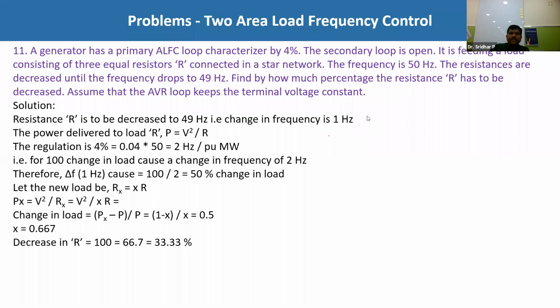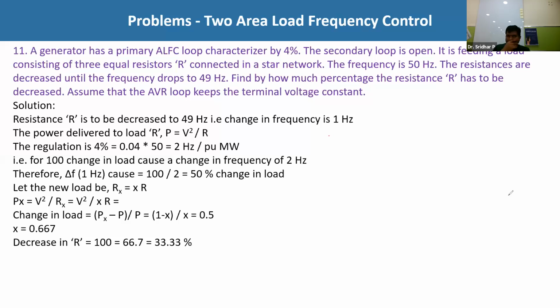So this is one more problem. A generator has a primary ALFC loop, automatic load frequency control loop, characterized by 4%. The secondary loop is open. It is feeding a load consisting of three equal resistors connected in a star network.